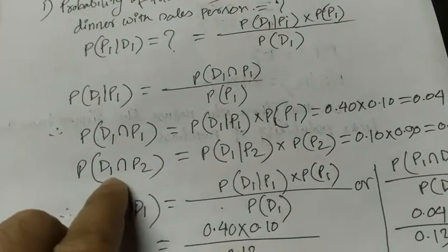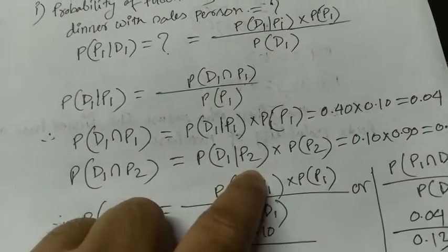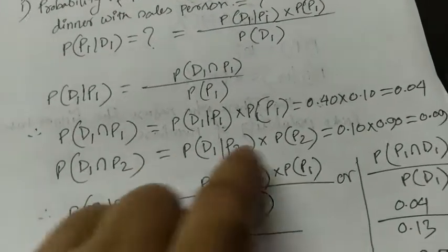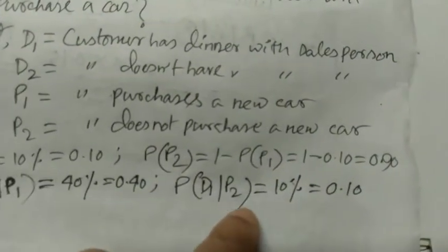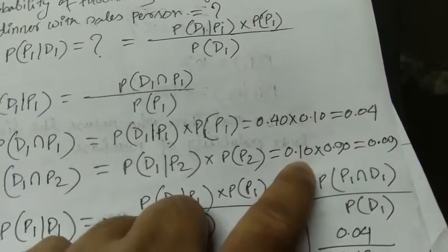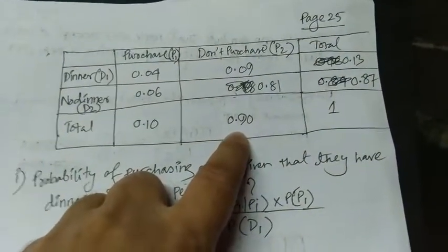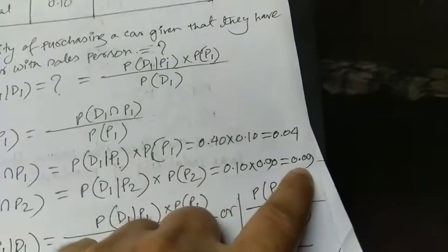So probability of D1 intersection P2 we can write as probability of D1 given P2 multiplied by the given part, that means probability of P2. And probability of D1 given P2 is already given in the question. This is 10%, that means 0.1. And we know that probability of P2 is 90% or 0.90. If we multiply, we get 0.09.